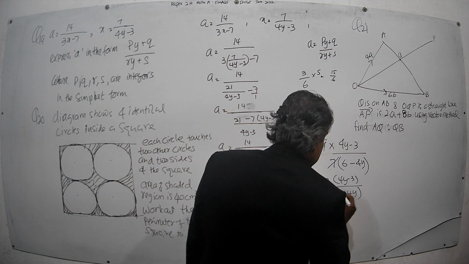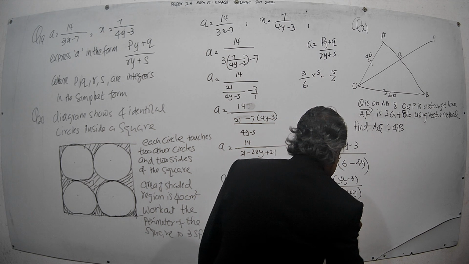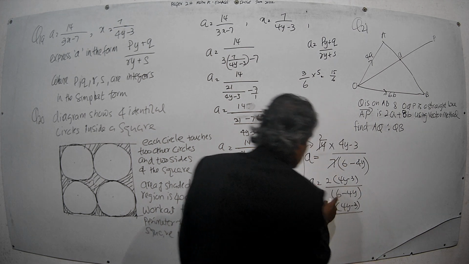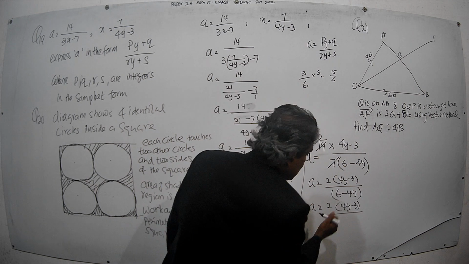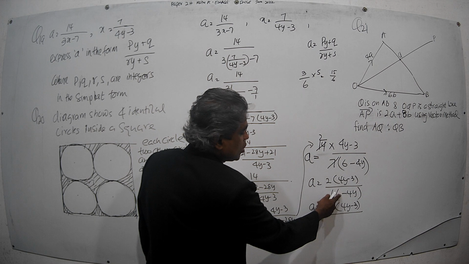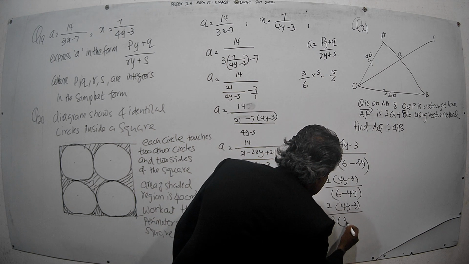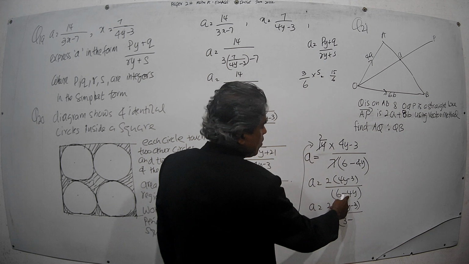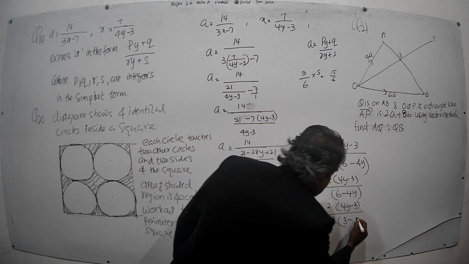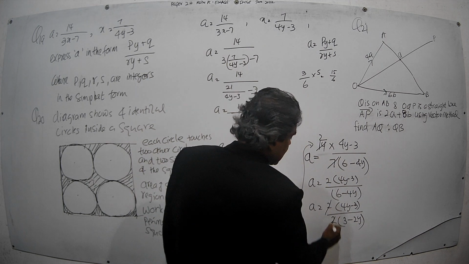Then A equals 2 times 4y minus 3 over, the 2 is another factor, take it out. This 6 can be written as 2 into 3. Out of 2 into 3, take 2 out, then 3 is left here. Then 4 can be written as 2 into 2. Out of 2 into 2, 2 is taken out, 2 is left here, 2y. Like that. Then again you cancel this and this.